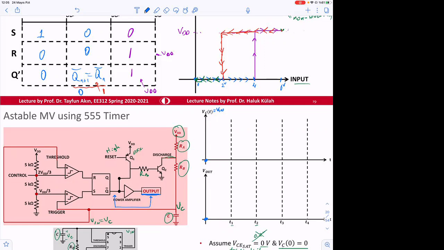If Q bar is 0, what is the state of transistor Q2? Input is 0, so it's going to be off initially. So in this period, Q2 is off.